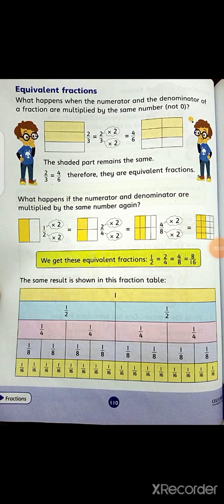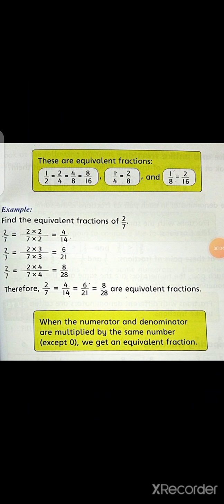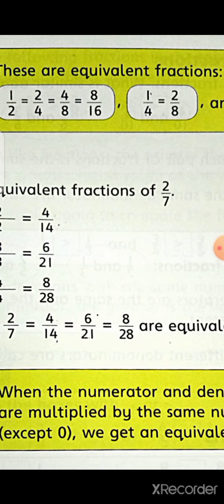Now page number 111. There are equivalent fractions. 1 over 2 is equal to 2 over 4 is equal to 4 over 8 is equal to 8 over 16. When 1 over 2 is multiplied, numerator and denominator, by 2, you will get 2 over 4. And when 1 over 2 is multiplied by 4, numerator and denominator, the new fraction is 4 over 8.